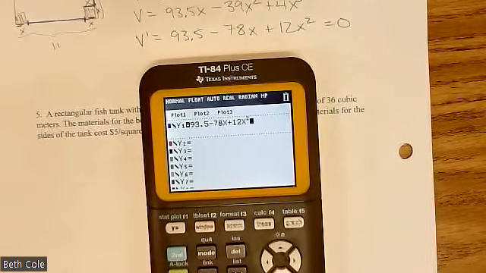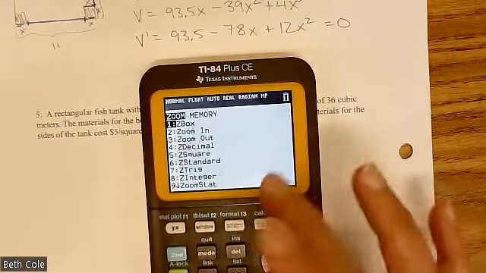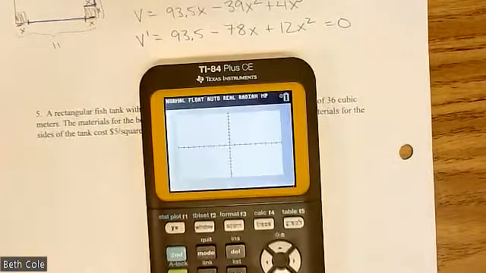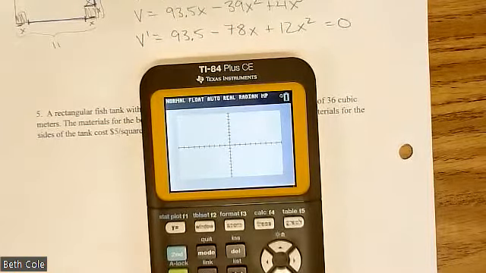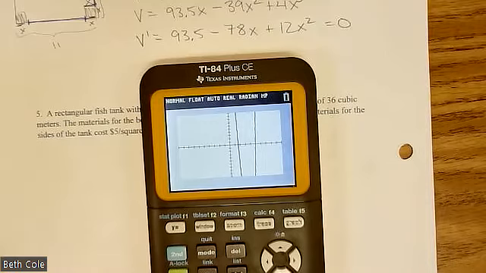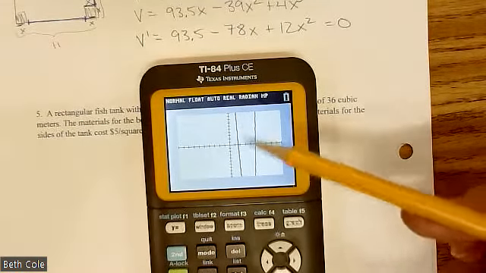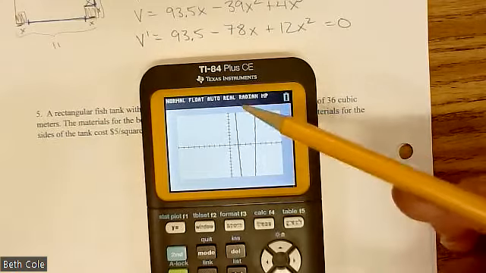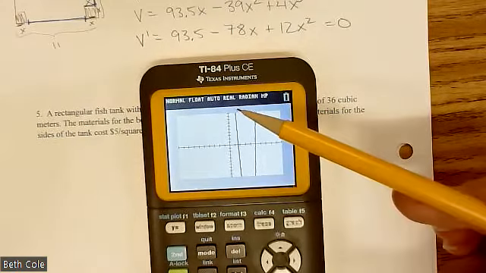If I'm not given a window, I always choose zoom 6 to start out with, because 6 is standard. It'll put it back to negative 10 to 10, in case someone else was using the calculator and the window is really weird. But you should get a parabola because it's a squared. Something like this.